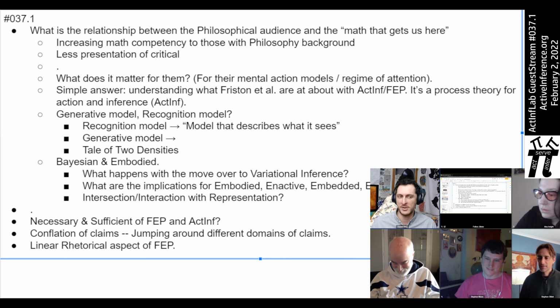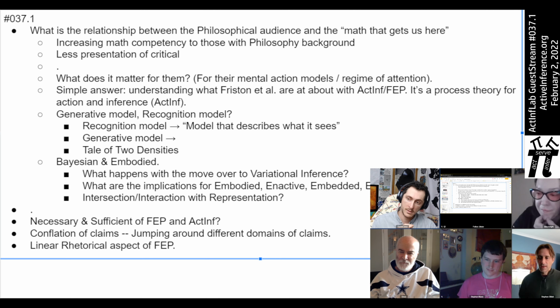So I think it speaks to a diverse field where, of course, people are focusing on the chemistry of this element, of that element. It won't be exactly that split, but in the broadening field of active inference and FEP, there's going to be people who are focused more on one question or other. So that's kind of cool to know where we have similar regimes of attention or not.